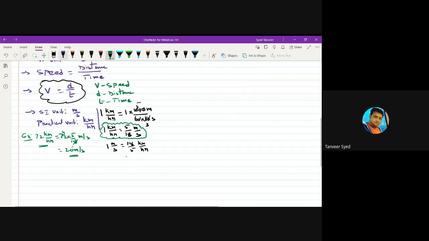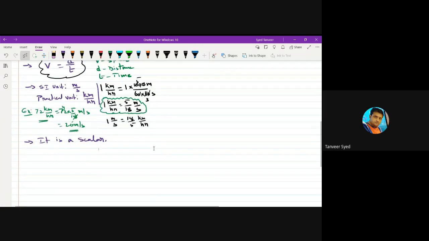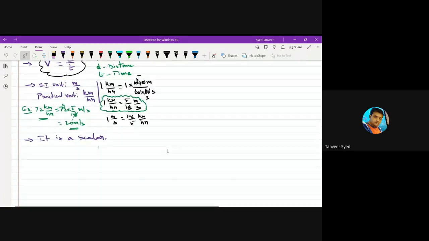Then what is its nature? Speed is a scalar quantity. And speed will always be positive.